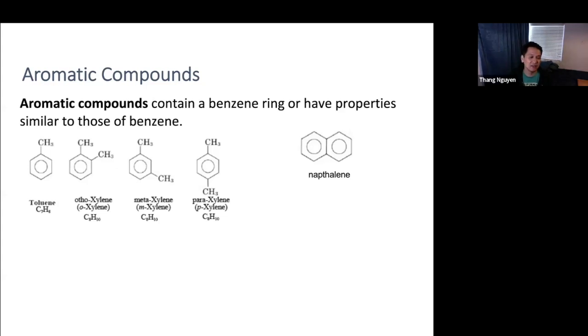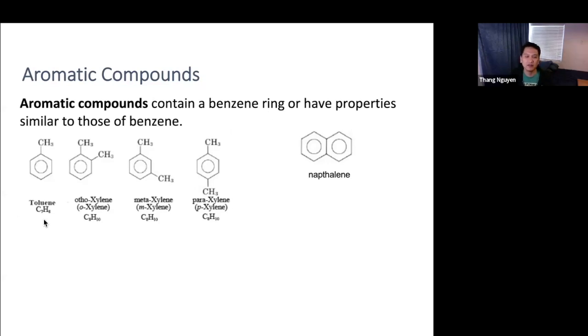Now, the name is kind of a misnomer, because in the beginning of the discovery of these compounds, they tend to be very aromatic. They smell good. So that's why they're called the aromatic compounds. But it turns out lots of molecules with this structure don't have smell or don't smell good at all. But the name stuck. So as long as it has that benzene ring or has properties similar to those benzene rings, it's called an aromatic compound.